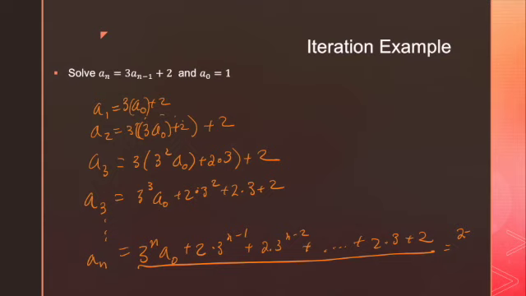You can't see it now. This simplifies to 2 minus 2 times 3 to the n over 2, which simplifies to 3 to the n minus 1. So a sub n is 2 times 3 to the n minus 1.